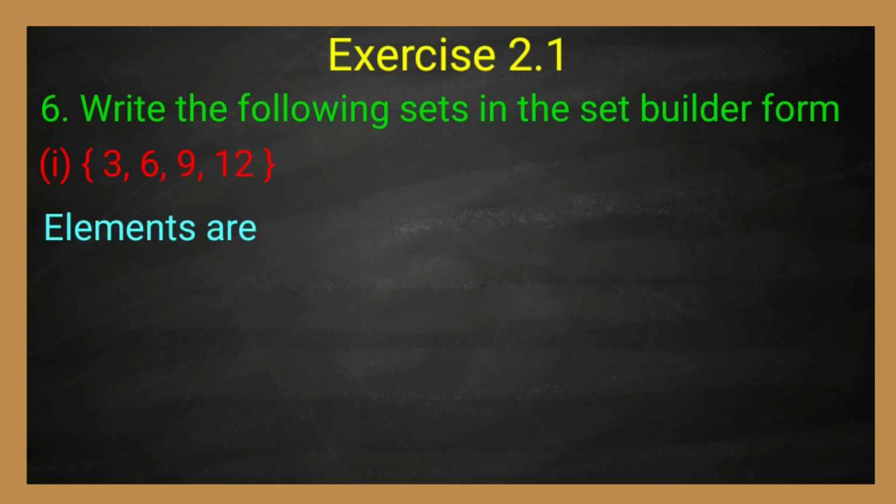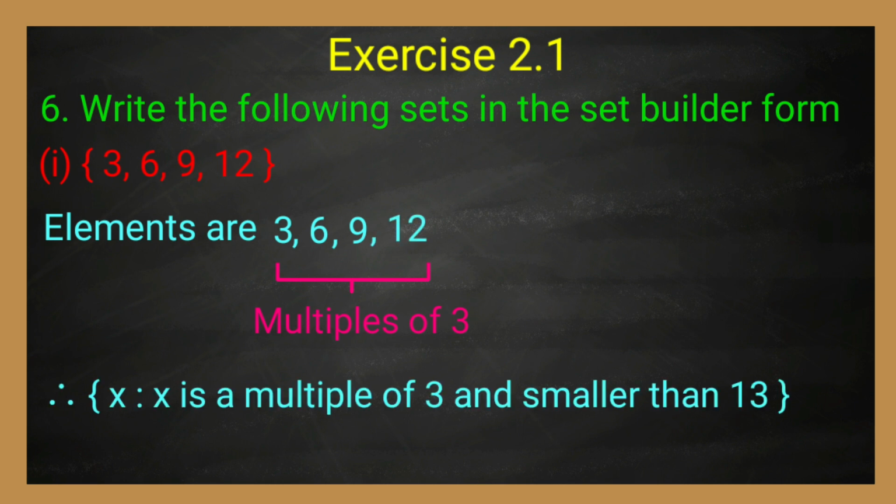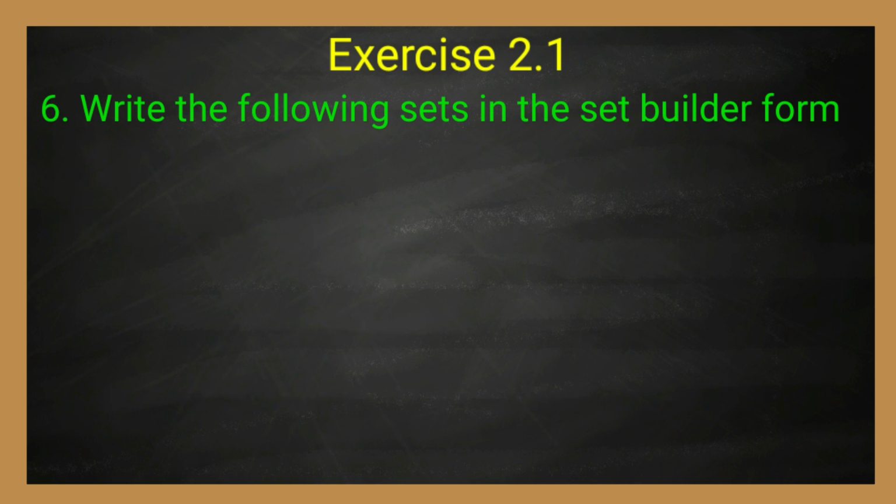Here elements are 3, 6, 9, 12. Are they looking like 3's multiples? 3 ones are 3, 3 twos are 6, 3 threes are 9, 3 fours are 12. Therefore, the answer is x such that x is a multiple of 3 and smaller than 13.